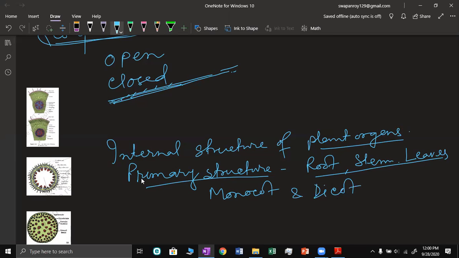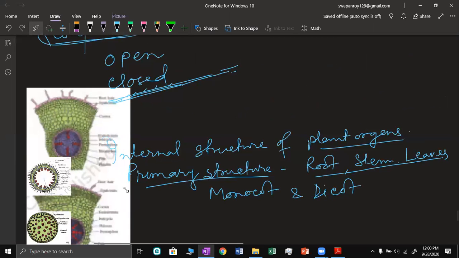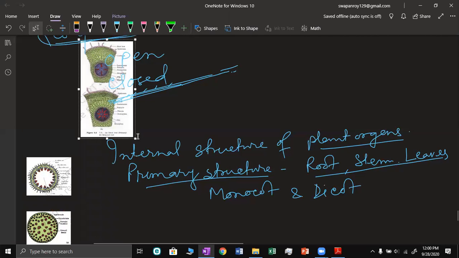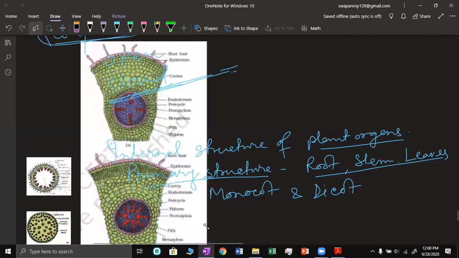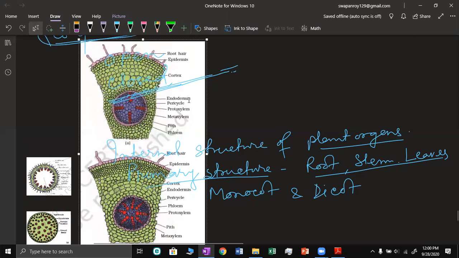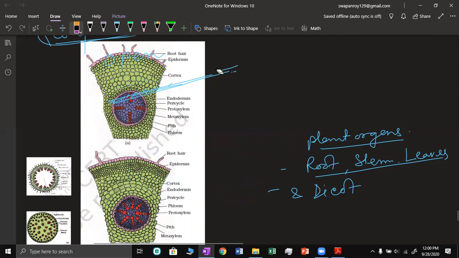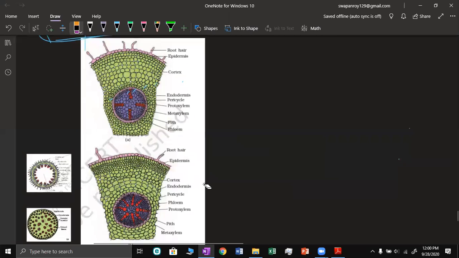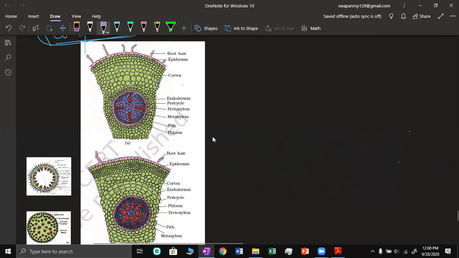Here, say this is the diagram showing the monocot root and dicot root.